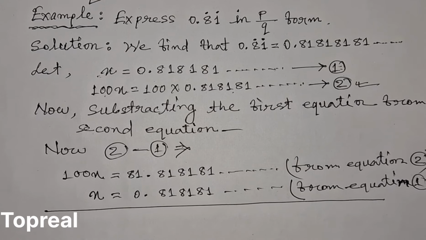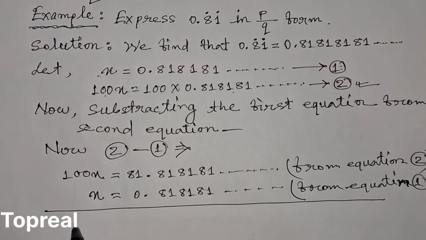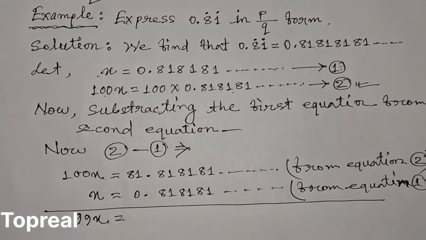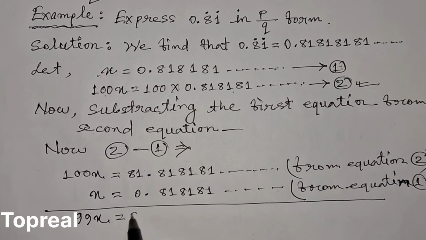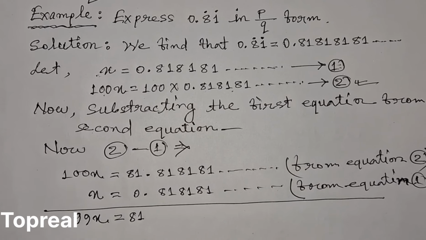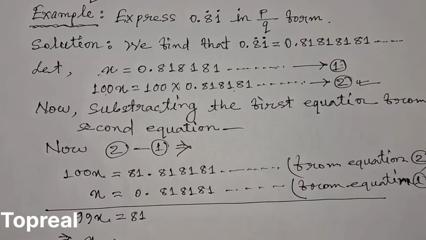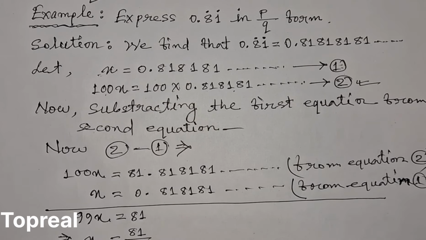We find from these two equations, from the left hand side we get 99x is equal to, from the right hand side we get 81. We simplify, x is equal to 81 divided by 99.